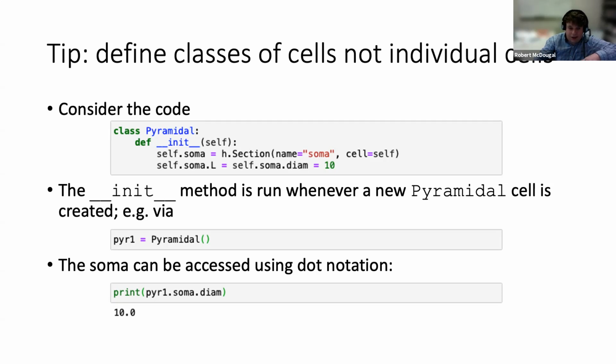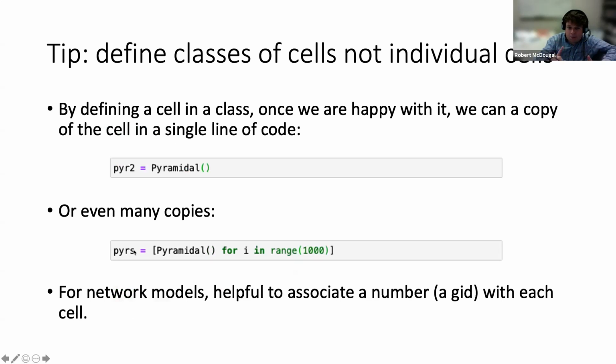It has a nice sort of hierarchical structure and allows me to keep track of things. But importantly, once I've studied that one, once I'm happy with that one, if I put this in a class, I can make many of them. So I figure out, I get the cell working the way I want it to. And then now all of a sudden I want to talk about a network of these things. Well, I'm going to need many of them.